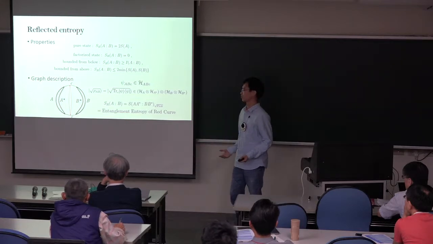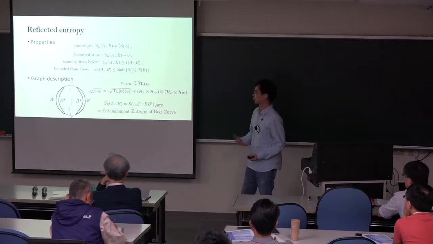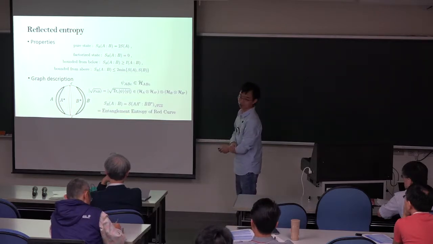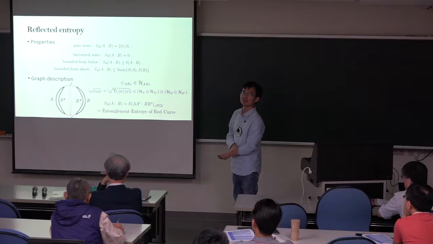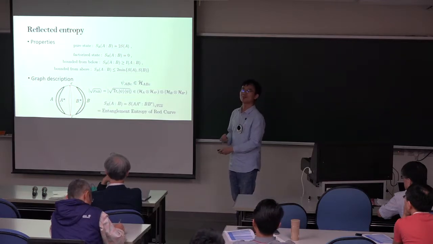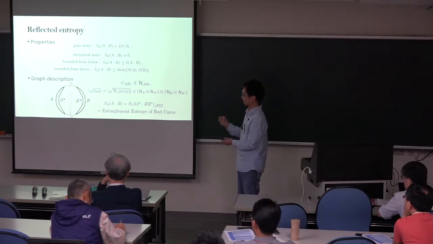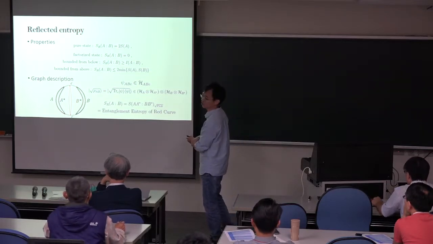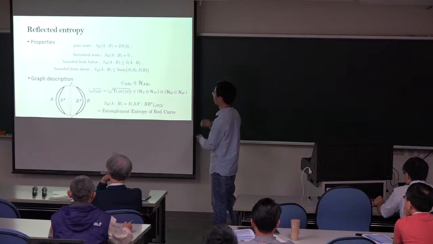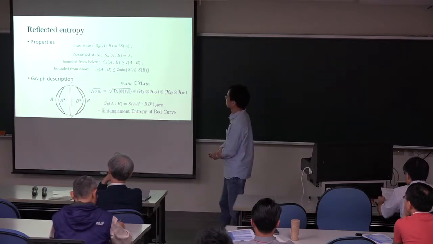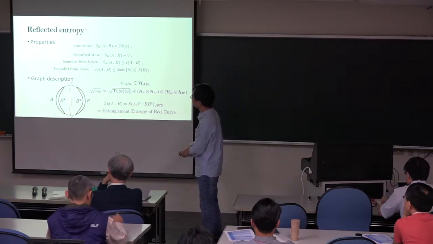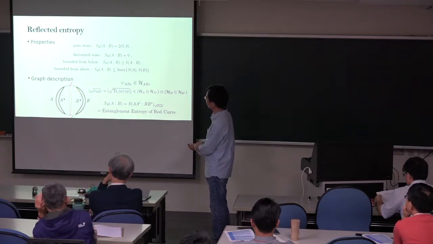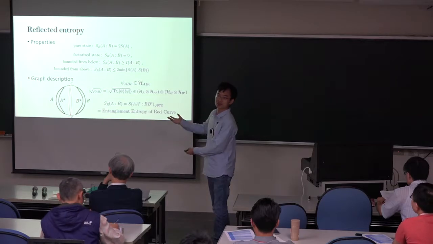But in order to do further development, I would like to give a graph representation. We learned in text, we're going to use many graphs, Feynman graphs. Here I will also just put a graph. But whether this graph has clear physical meaning is another question. First, let me just accept it as a representation of the previous canonical procedure. So you consider a time slice, then you consider a one-dimensional quantum system. It can be discrete or continuous.